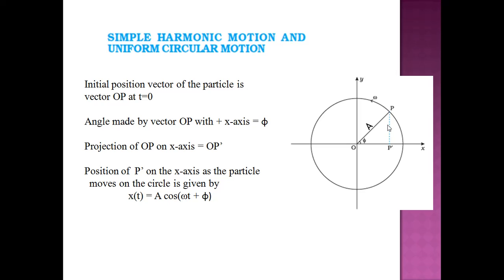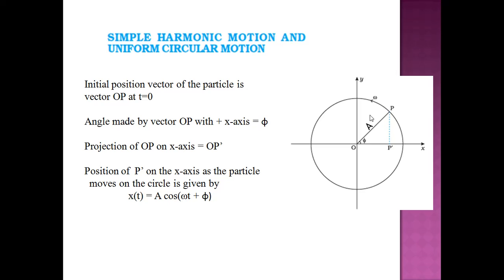As it proceeds in the anti-clockwise direction for a time t, it makes an additional angle omega t, so that the total angle with the positive x-axis becomes omega t plus phi.